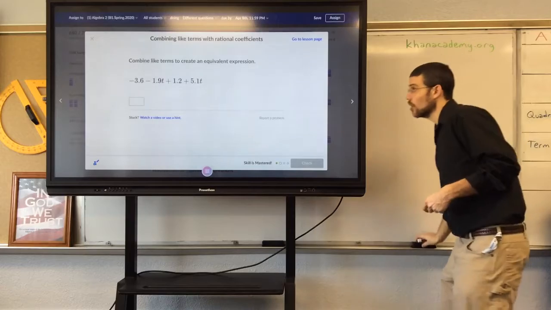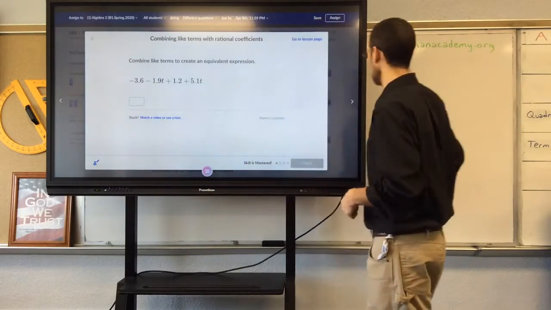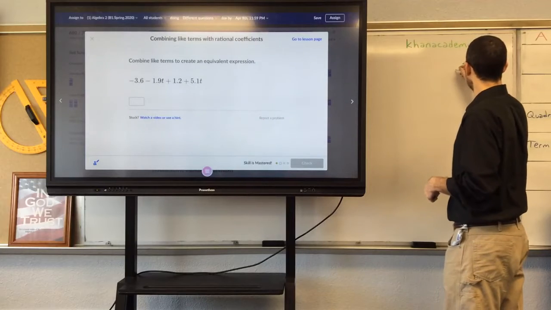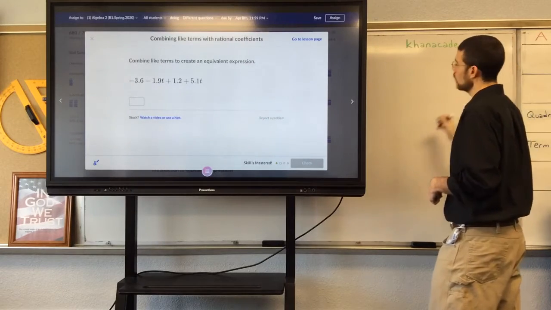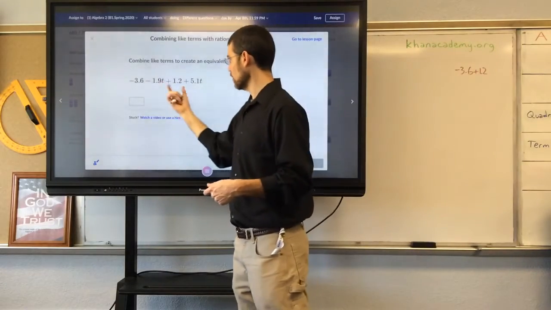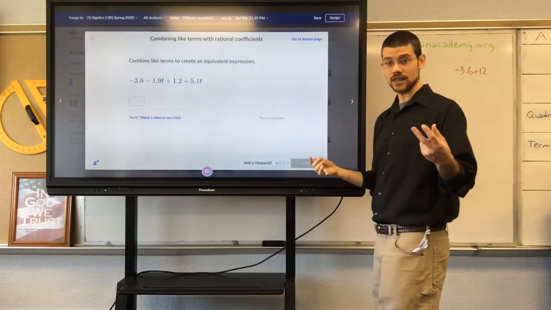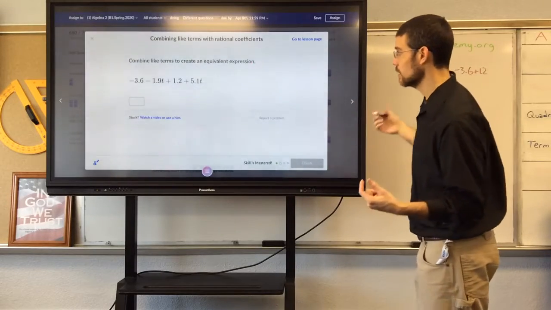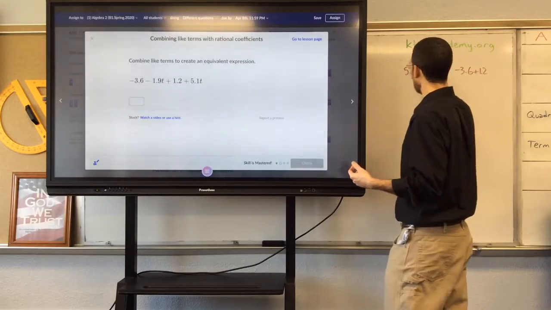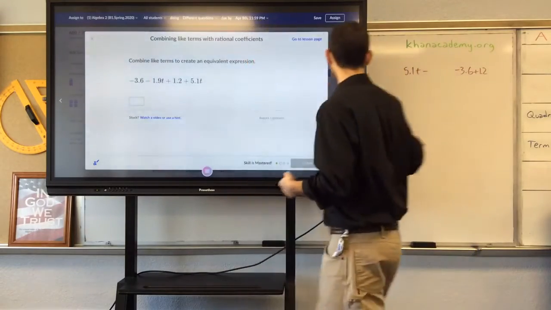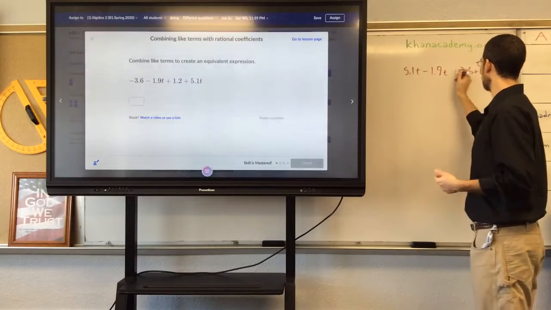All right, so we have negative 3.6 plus 1.2 for our constants, and then we're going to put our 2 terms that have t in it together. So that's 5.1t minus 1.9t. And this is our new expression.